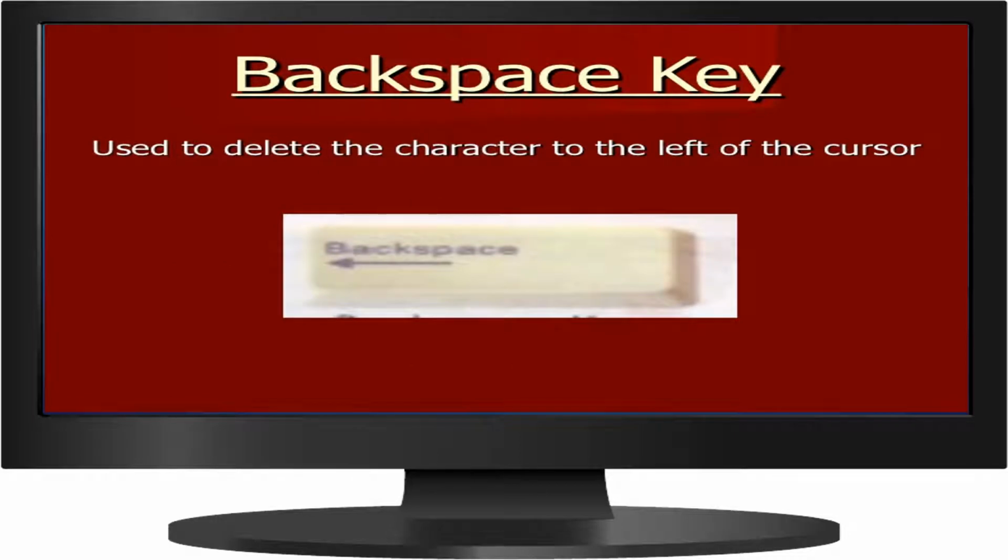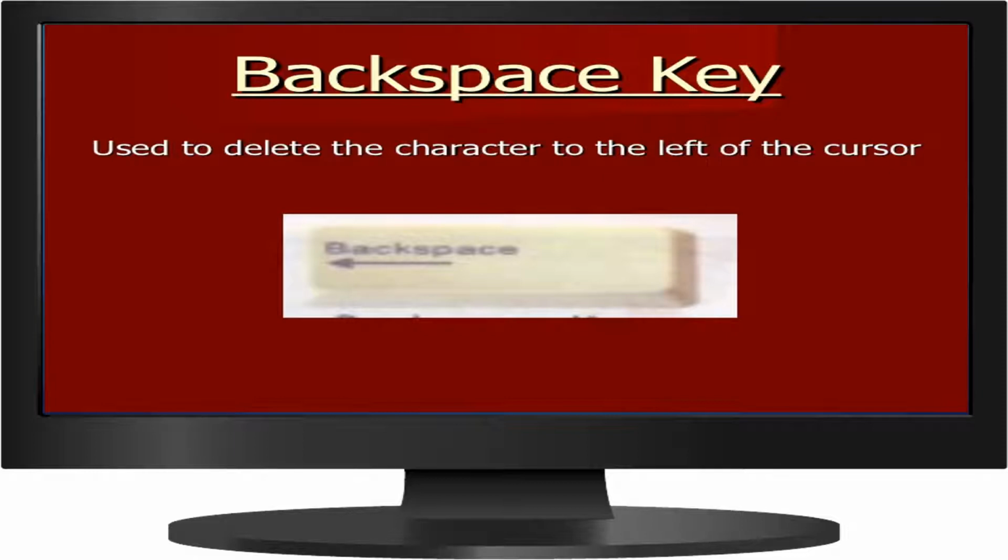Backspace key. It is used to delete the character to the left of the cursor. Suppose you have typed a word or letters in an incorrect way, that means by mistake you have typed something wrong, then how to erase those letters or words?